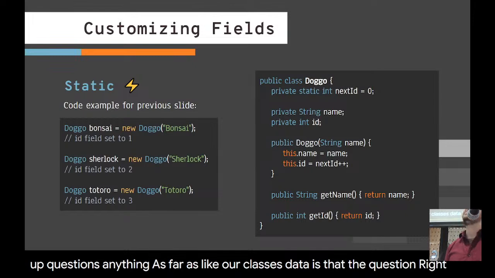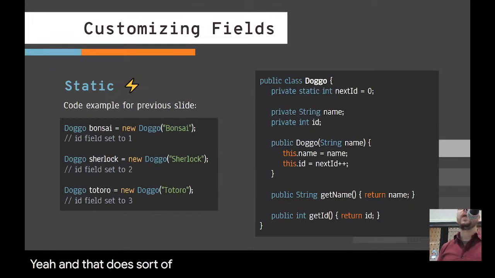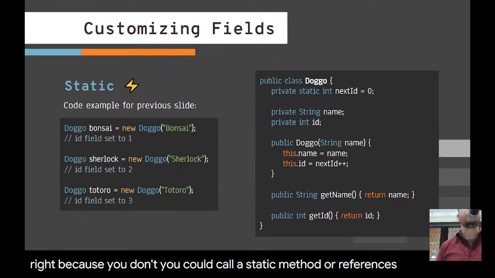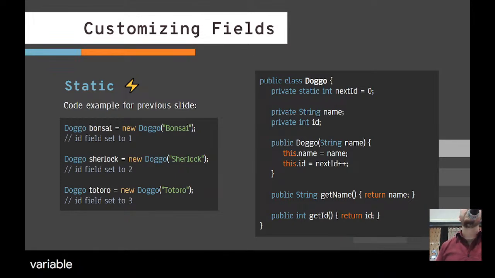Right. When you're using it, because you can call a static method directly, correct? Without the state. Yeah, and that does sort of break the theme a little bit, right? Because you could call a static method or reference a static variable without ever creating an instance of the class.